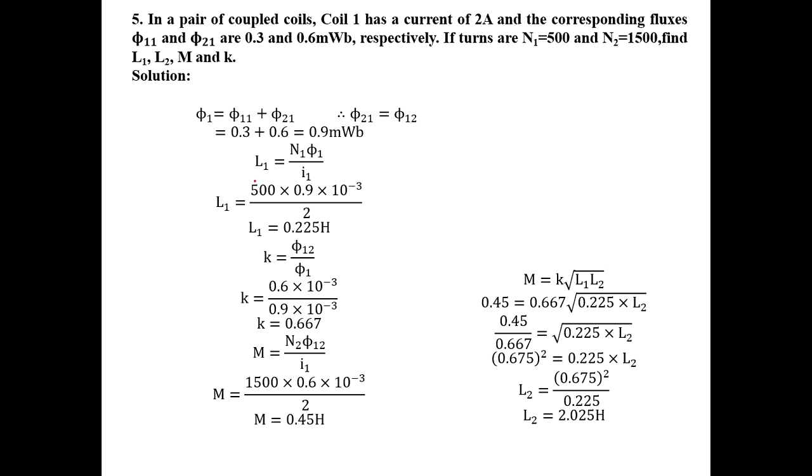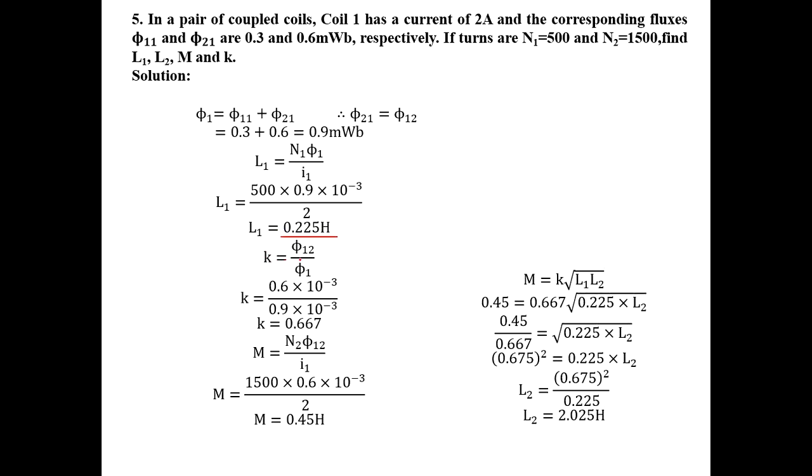Next we have to find the self-inductance. L1 is equal to N1 phi 1 divided by I1. Substitute these values. N1 given value is 500, phi 1 we found the value 0.9 into milli. Milli means 10 to the power minus 3, divided by I1. I1 current is 2. We got the answer 0.225 Henry. Next, K value, coefficient of coupling.